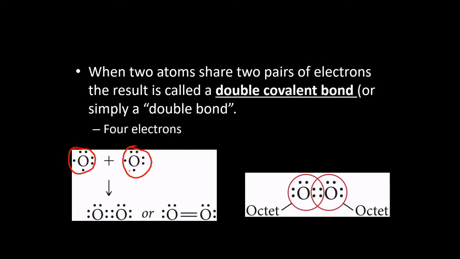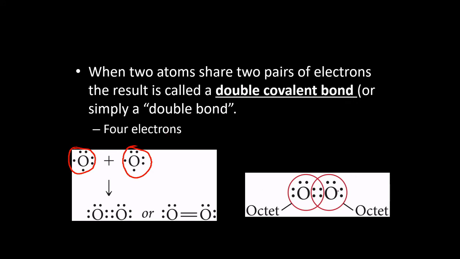This oxygen says, hey, I need 2 more electrons. Why don't we share? Why don't we take our 2 unpaired electrons, pair those up, and form 2 bonds between each other? This is what we call a double bond. More technical term is double covalent bond, but double bond for short is what most people say.